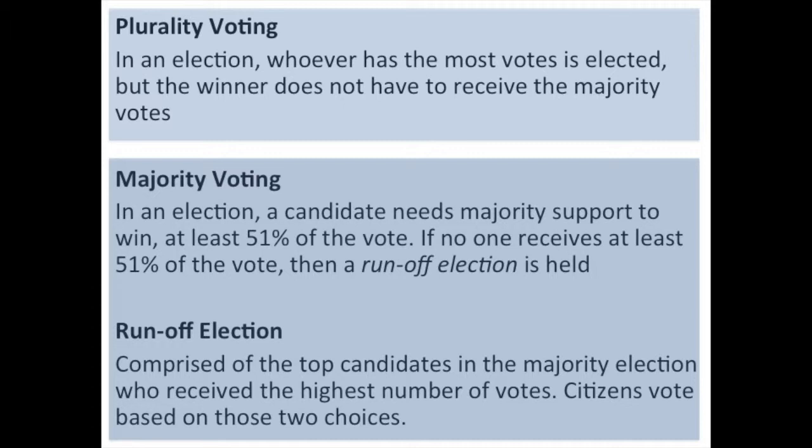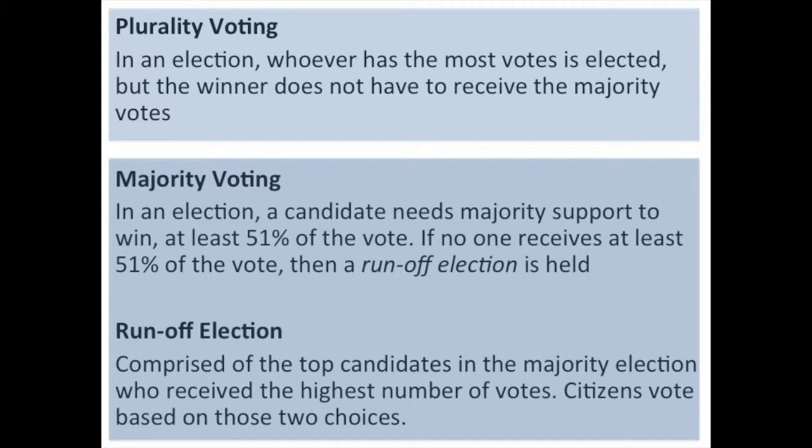In an election, if no one receives at least 51% of the vote, then a runoff election will take place automatically. The runoff election is comprised of the top 2 candidates in the majority election who received the highest number of votes.